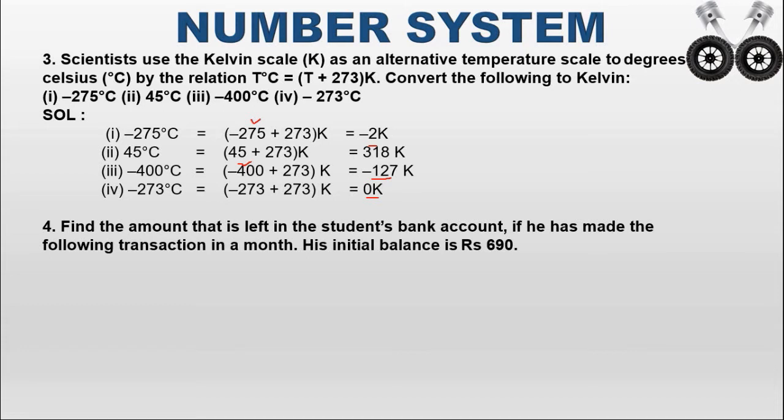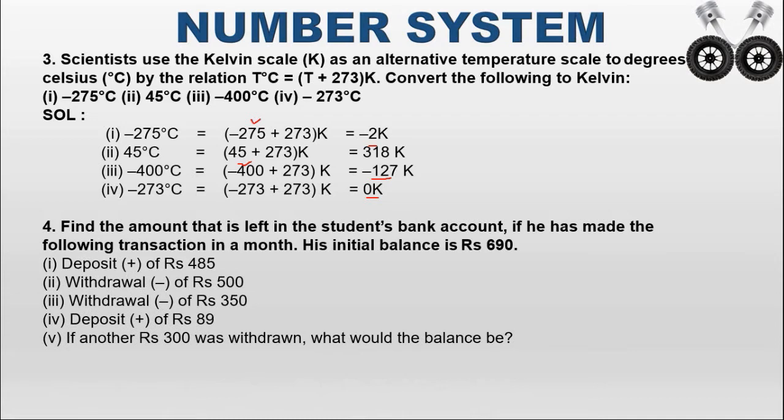The student's initial balance is 690 rupees. Some transactions are taken throughout the month. What are the transactions, and how much amount is left in the account after the transactions? We have to find that. So the first transaction given here is a deposit of rupees 485.